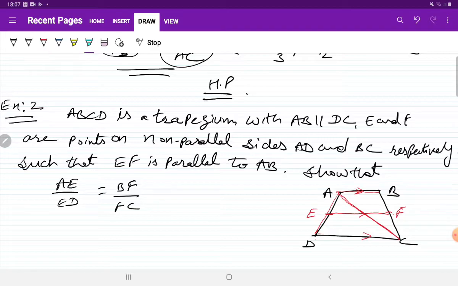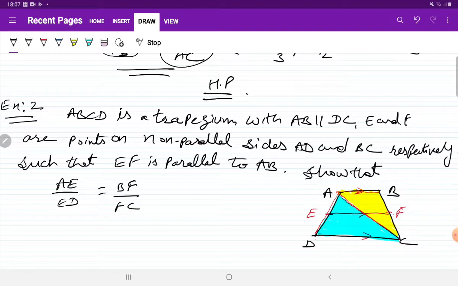So my first triangle is this one, ADC. This is my one triangle. I divide it into two triangles. First I'll apply one theorem in the first triangle, and then secondly I have one more triangle, that is ACB. Got it?